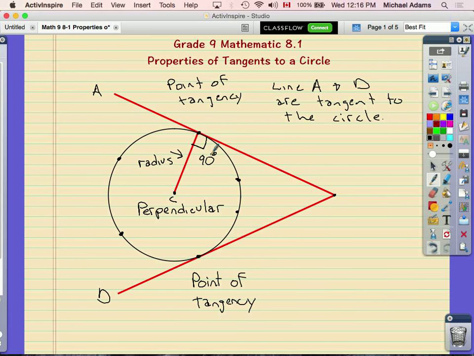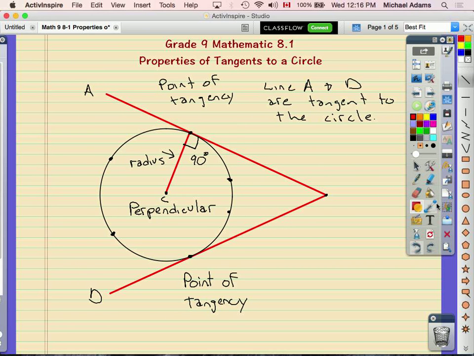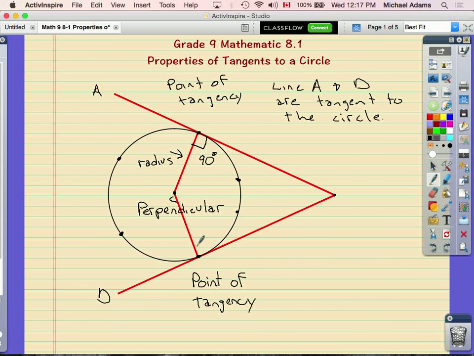The same would be true if we took a line from this point of tangency and went up to there, this also would be a 90-degree angle. So these two lines are also perpendicular to each other. So in this case, we have two perpendicular lines, and so therefore we have two 90-degree angles.